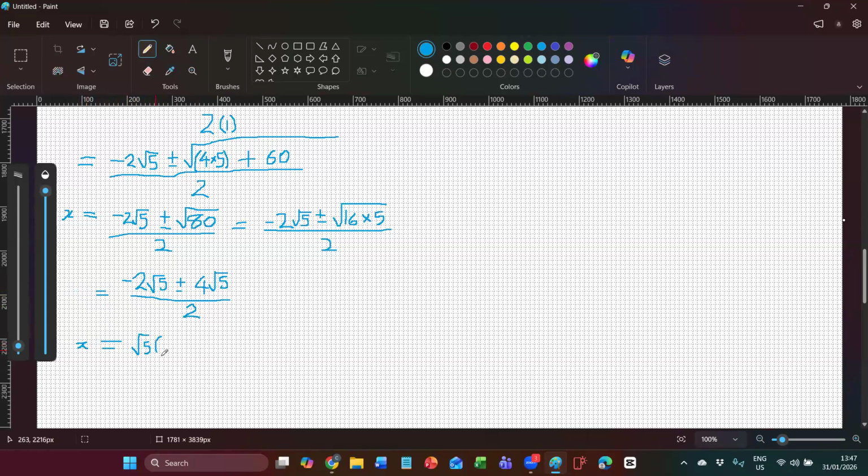If I factorize it, I have minus 2 plus 4, okay? And then all over 2, or square root of 5 into minus 2 minus minus 4.